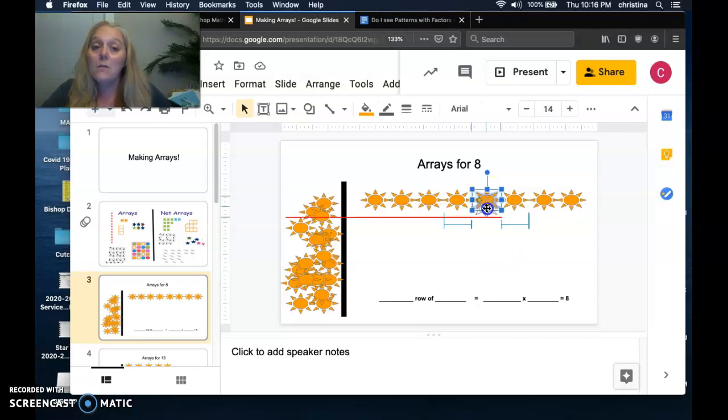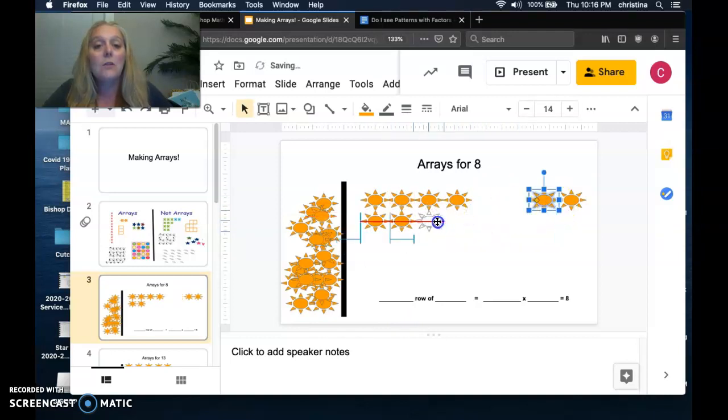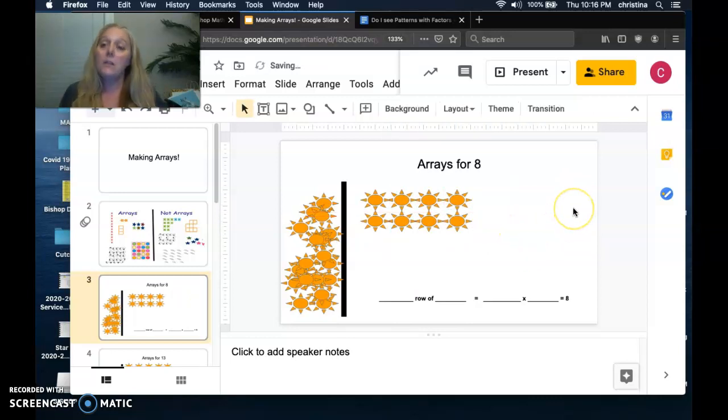8 is also divisible by 2, which means I can take these 8 suns and make 2 equal rows of 4. This also shows us the factors of 8, because we all know when we multiply 2 times 4, we get 8. So 2 rows of 4 equals 2 times 4, and that equals 8.